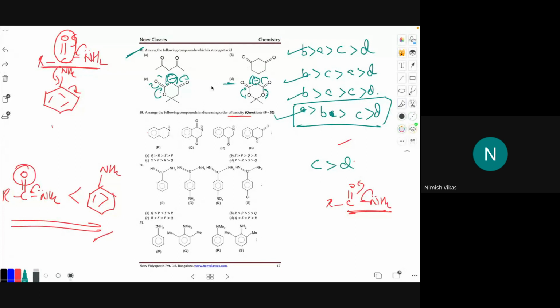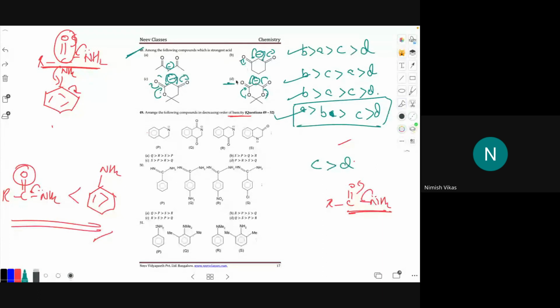Now let's compare A and B. Negative will come over here and one negative over here. It will stabilize like this, so it is resonance stabilized.